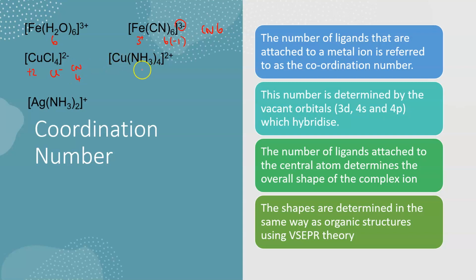The copper complex that we see here, the tetraammine copper complex, the ammonia again is neutral, so the charge on the complex is the same as the charge on the copper ion, so this will have a charge of +2, and it has a coordination number of 4. The silver complex we see here, the silver ammine complex, this is an example of a coordination number 2. Of course, the ammonia is neutral, so the silver must be +1 as the overall complex has a +1 charge.